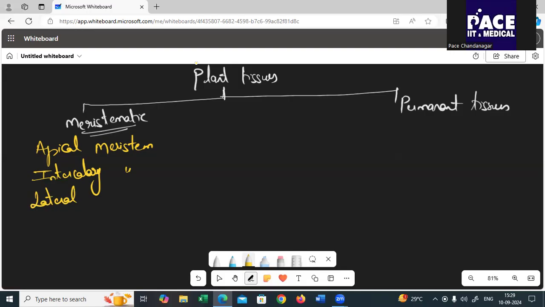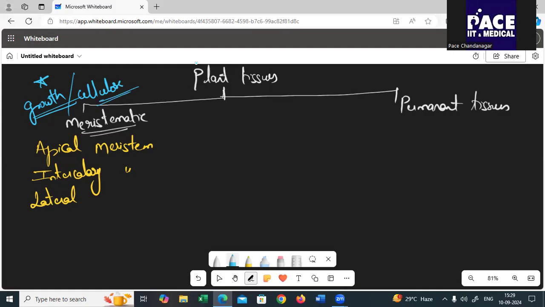Any meristematic tissues are growth tissues, responsible for the growth of that particular plant. These growth tissues are formed of cellulose, and cellulose is nothing but complex carbohydrates. It is a polymer of carbohydrates, huge molecules.